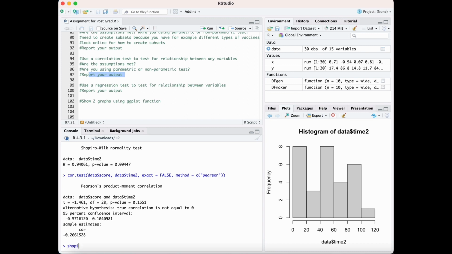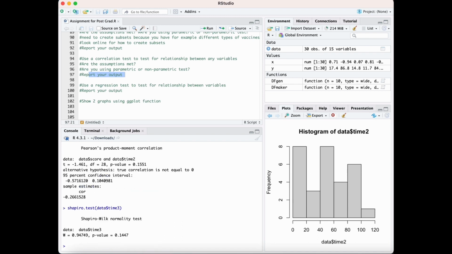Okay, so Shapiro test, just again, I will be using score and time 2, but let me try time 3 actually. Time 3. Okay, same thing. So let's try and see if we can get any model.